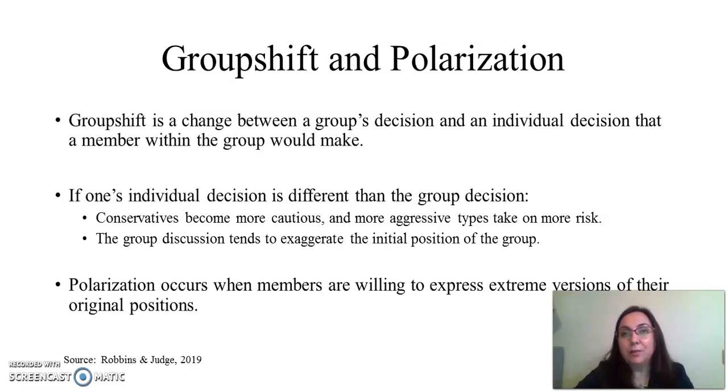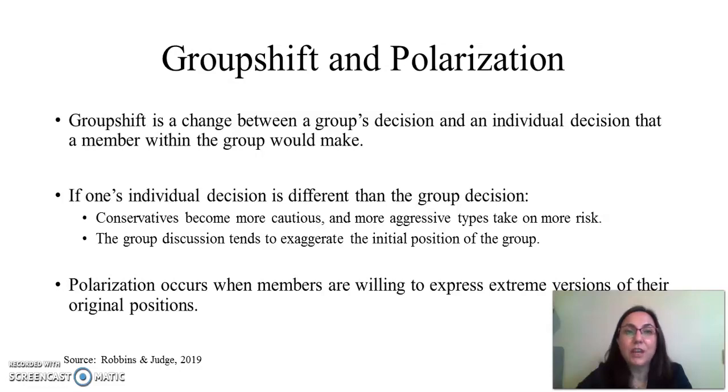A third common mistake that we see in teams is group shift and polarization. Social psychology proposes that when the group makes a decision which is different than our own individual decision, then we tend to be polarized. We tend to think more extremely about our own decision.